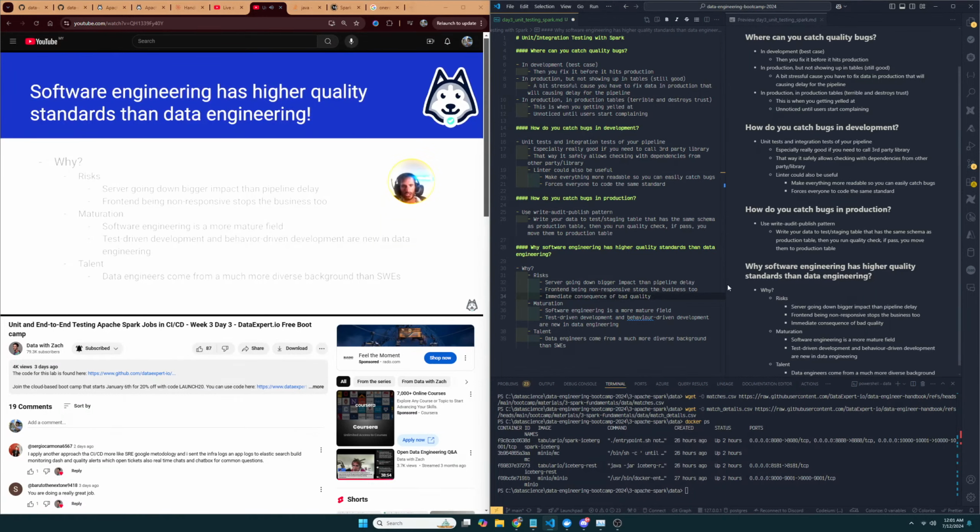Especially test-driven development and behavior-driven development: in data engineering those are very new, and a lot of people are not as aware of them. Whereas if you worked in Agile at all, or as a full stack engineer, then you are at least aware of test-driven development, if not also behavior-driven development.